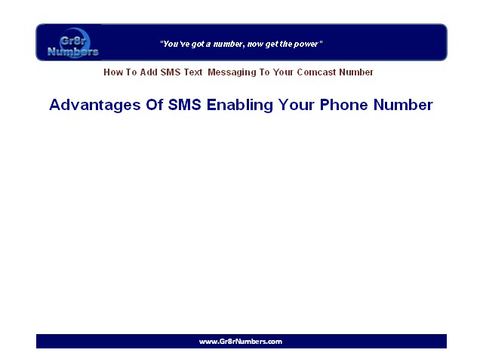There are a lot of advantages. We won't take time in this video to try to cover them all, but let's just hit a couple of them here that are key. One of the advantages is that if you SMS enable your business phone number, it's going to increase your advertising and sales promotion response rates, because in your ads, in your sales promotions, you can say, hey, call or text.